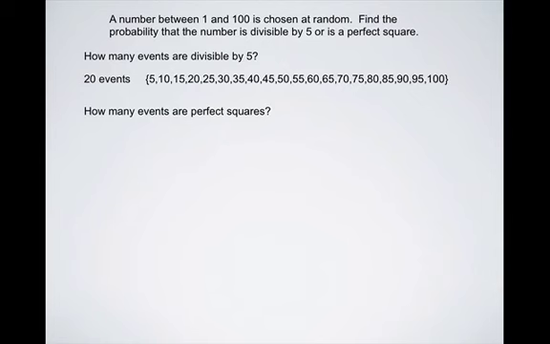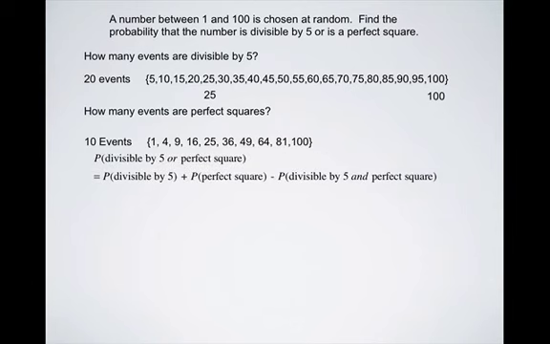And how many events are perfect squares? So there are 10 events: 1, 4, 9, 16, 25, 36, 49, 64, 81, and 100. Now of these, 2 are common to both. So we have 25, which is divisible by 5 and a perfect square, as well as 100.